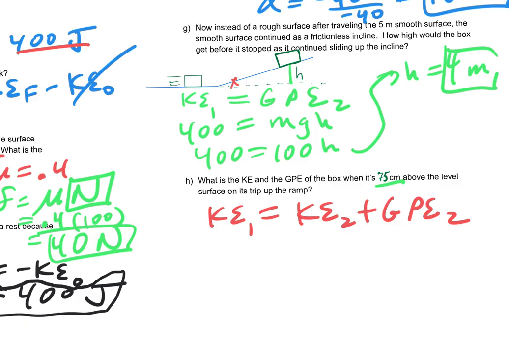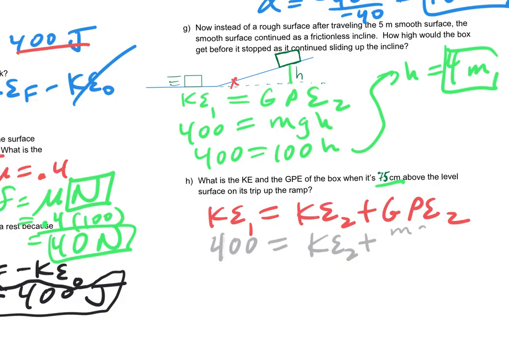So we know KE1 is 400 still. We don't know what KE2 is. I can't solve it because I don't know what v is. So we better be able to solve for GPE.